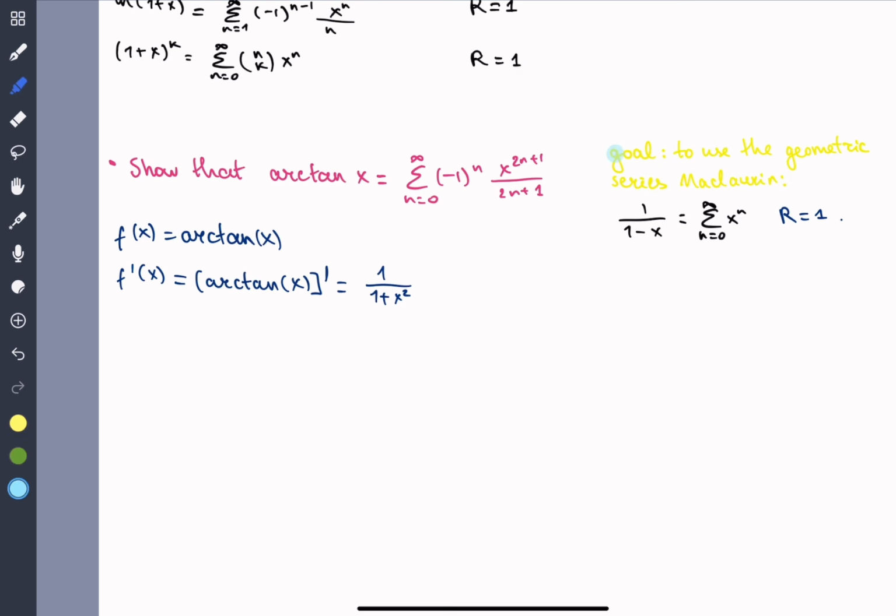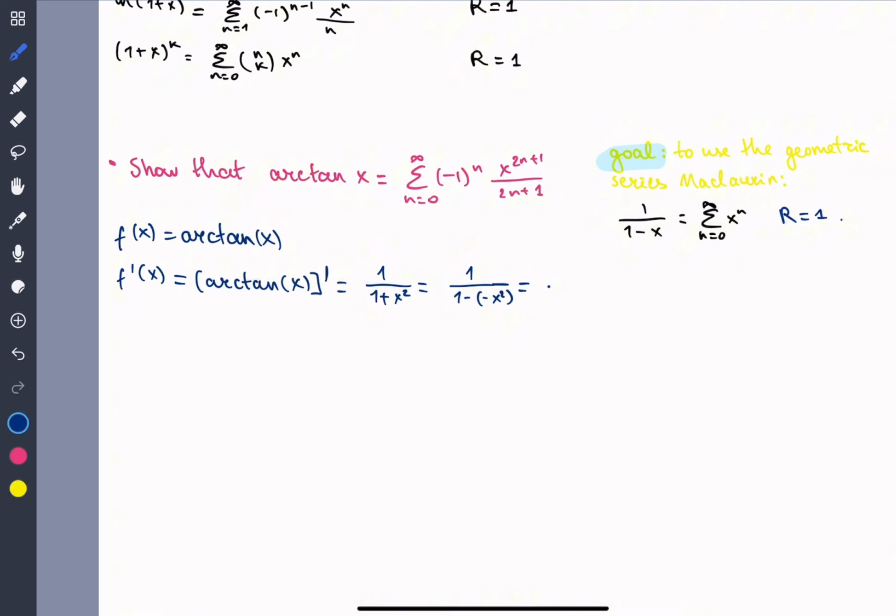So now we need to just adjust our answer, the derivative of f of x, so that we have something similar. So the denominator now is 1 minus x squared, which as you see didn't change 1 plus x squared because of minus, but now we have what we needed. We have 1 minus something in the denominator.